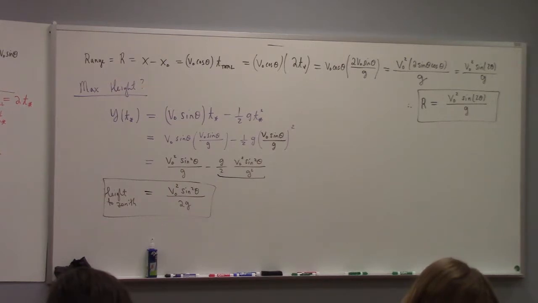So how do you get the maximum height? How do we make sine as big as possible? Because if we make sine as big as possible, the sine squared will also be as big as possible. If you think about it, pi over 2, right? Does that make sense?